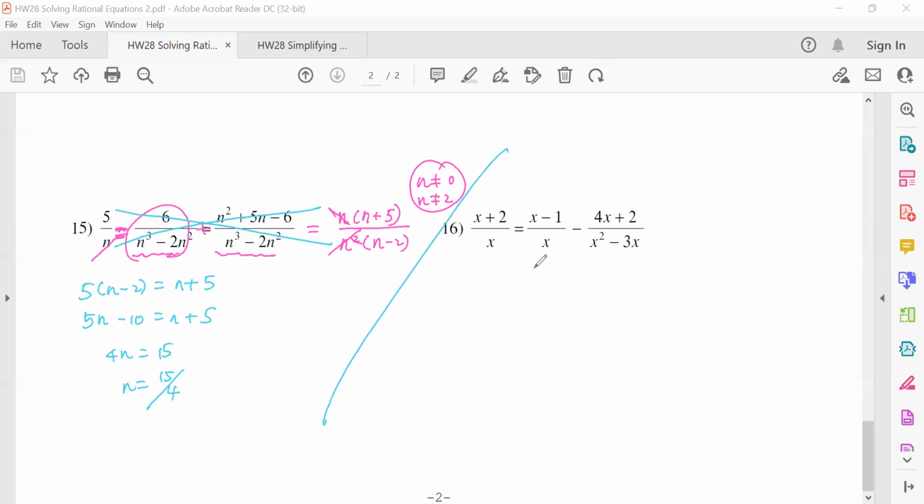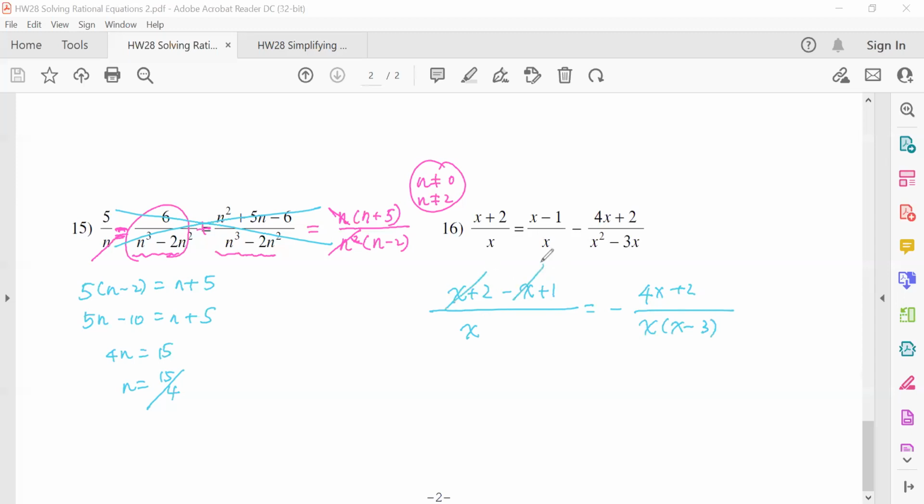All right, let's see number 16. The same, we can find they have the same denominator. We combine them first. So here it became minus, here it became equal negative. Or if you guys don't like to do it this way, you can do it like this. So x plus 2 is x minus x plus 1 equals negative 4x plus 2, the bottom is x minus 3, right?